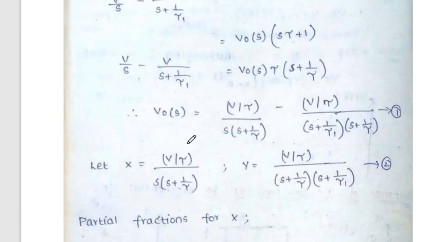Therefore, V0 of S is equal to, this entire term is moved to the left side, that is V by tau into S into S plus 1 by tau, minus V by tau into the whole by S plus 1 by tau 1 into S plus 1 by tau. Just simply we multiply.